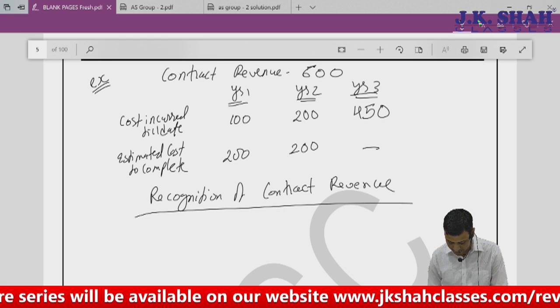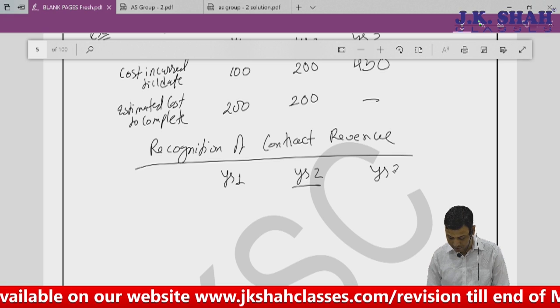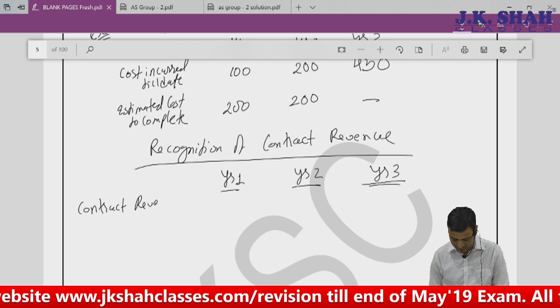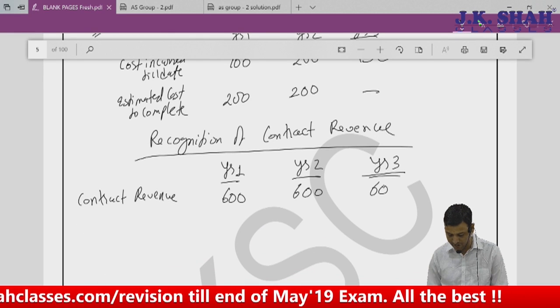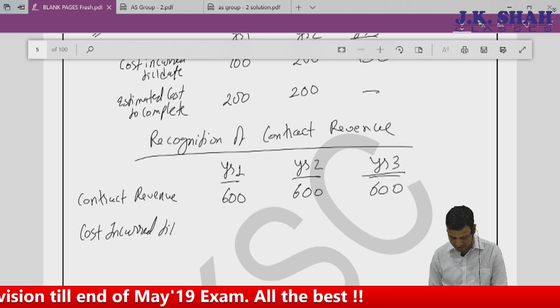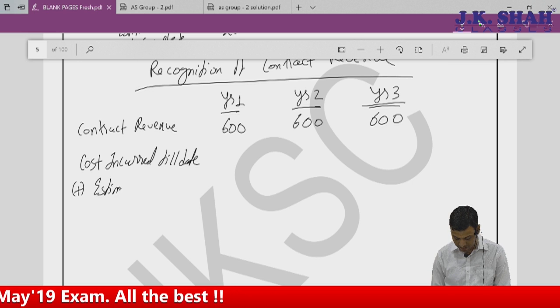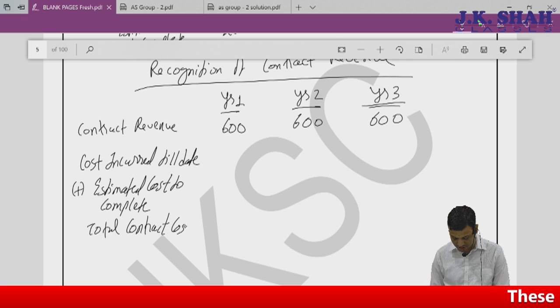Now for this we can just make a table: year 1, year 2, year 3. Contract revenue is of course 600 for all 3 years. The second is cost incurred till date plus estimated cost to complete, which is the total contract cost.